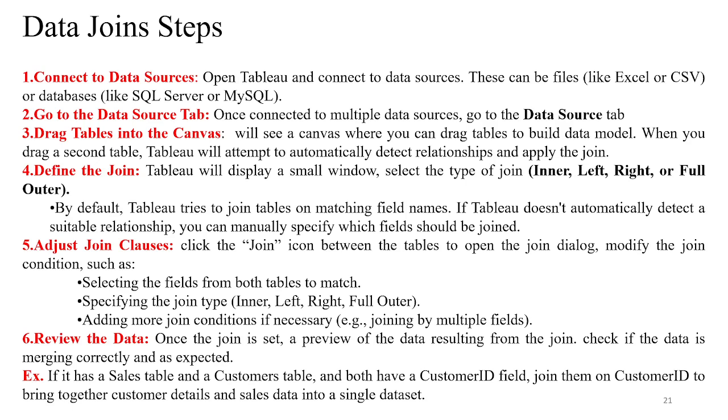Here we can set the clauses of that particular join. Then review the data. Here we have to check the preview of the data result, and whether we have done something new in that data, or some merging method. Suppose we have joined some data, after that we have to check whether it is joined correctly or not.